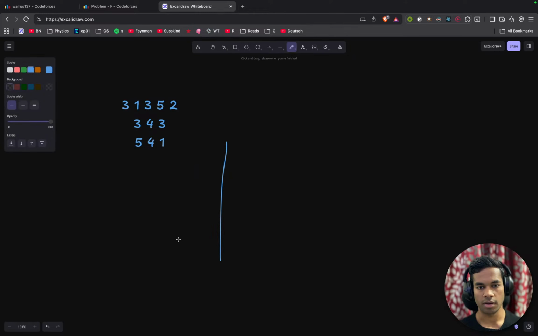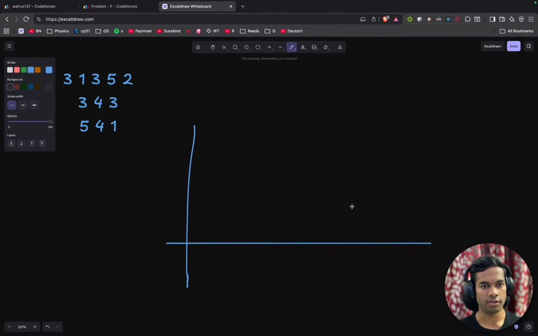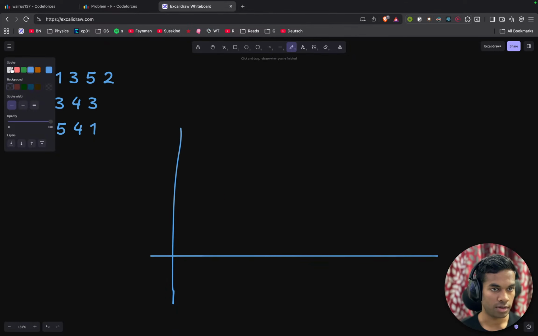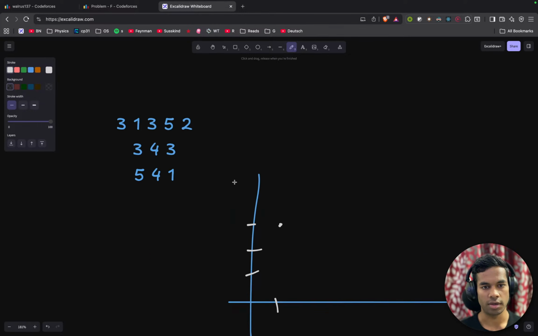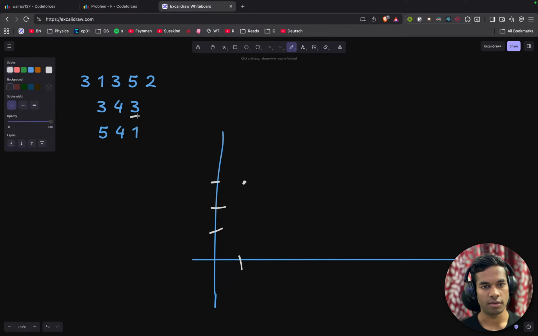Okay, if we make our coordinate system, we start at point 1 3. We start at this point, and then the next one is at 3 1 and 3 5.